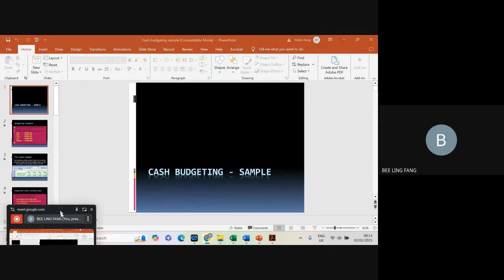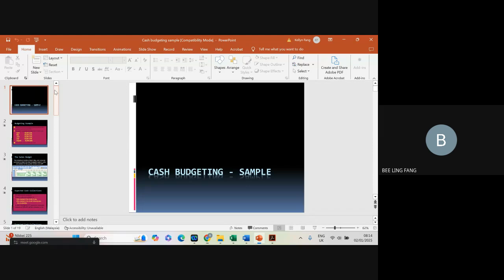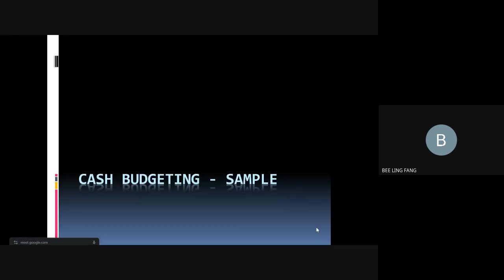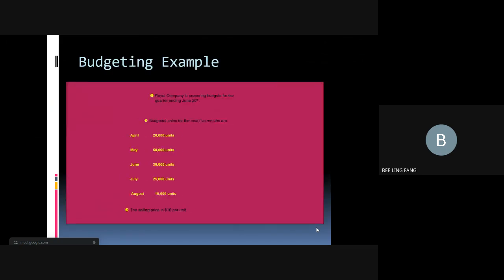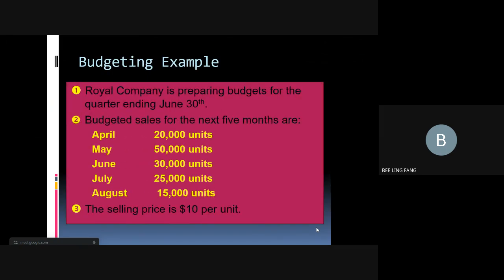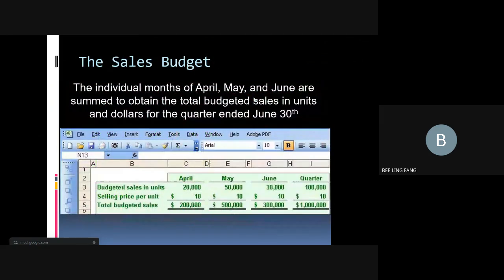Okay, before I go to it, let's take a look at this cost budgeting sample. So yeah, you will be given some information, for example here. You have the budgeted sales from April to August, the selling price, then the company name. If the question asks you to prepare a cash budget, make sure you have the company name, then the month.